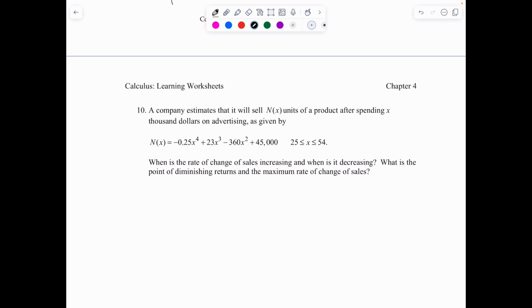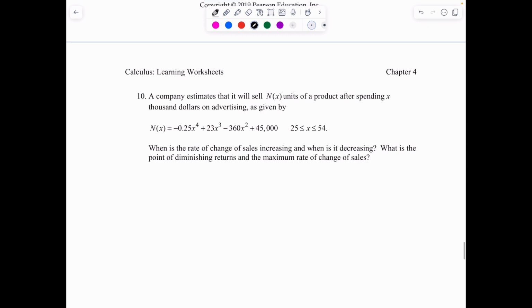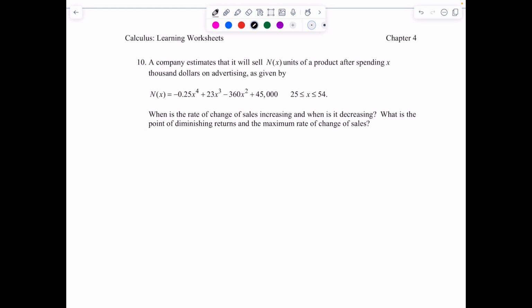So to find when our rate of change is increasing and decreasing, let's find the second derivative and use our second derivative test. We'll take the first derivative. So we'll have 4 times negative 1/4, so that'll be a 1, negative x cubed, 3 times 23, 69x squared, 360 times 2, negative 720x. 45,000, the derivative will be 0.